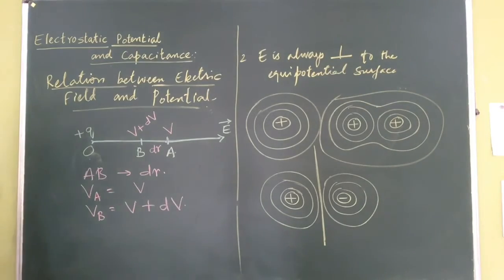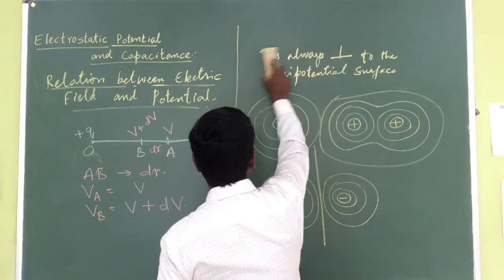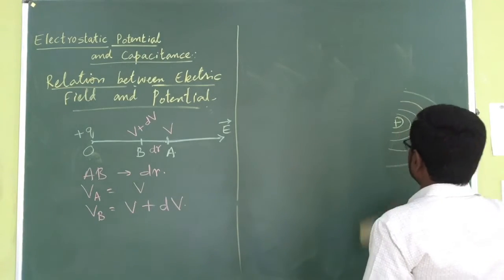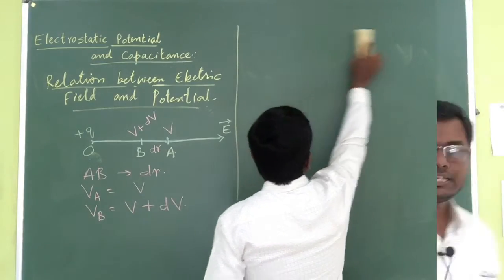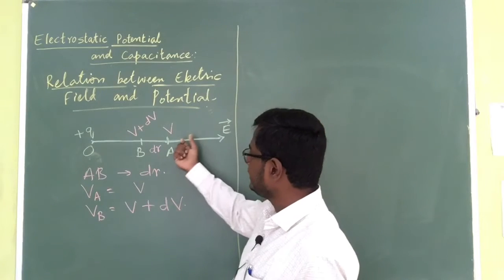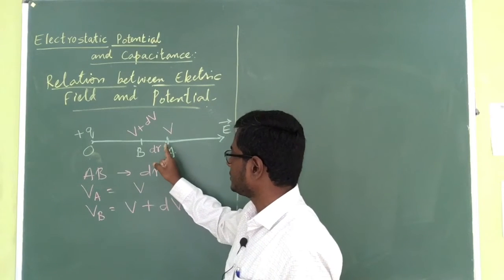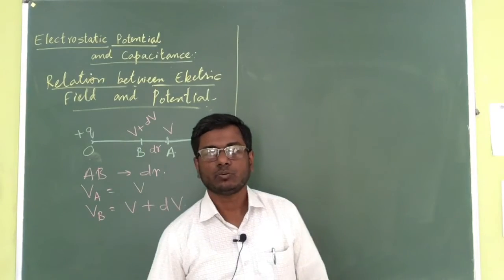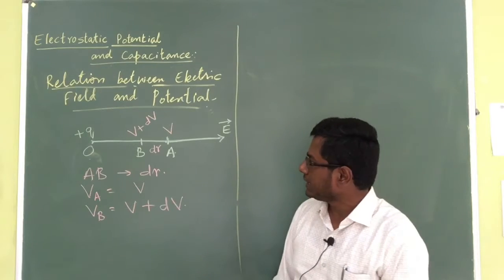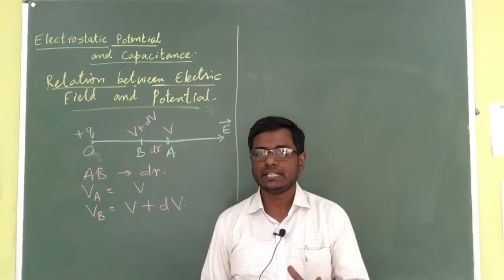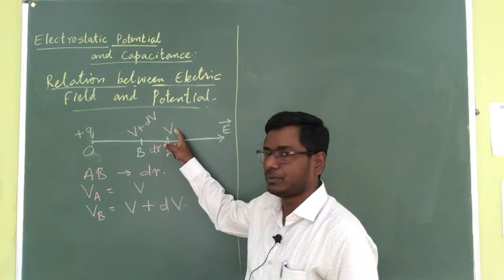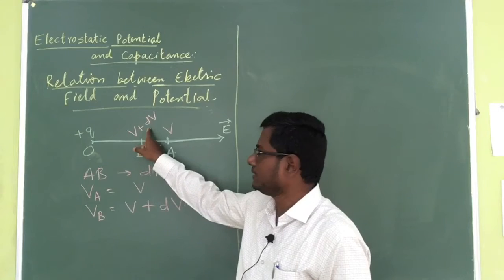So we have two different potentials at the two different points, A and B, which are along the line through which the electric field is passing. We move the test charge, which is coming from infinity, from A to B. If we want to move that test charge from point A towards point B, I need to do some work, because point A is at a different potential and point B is at a different potential.